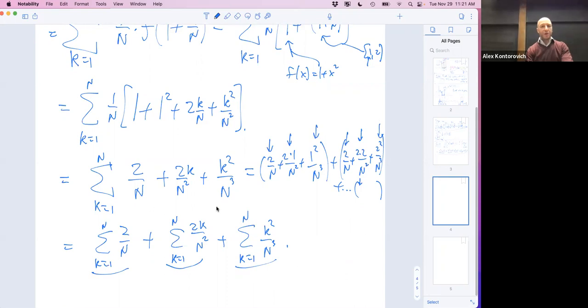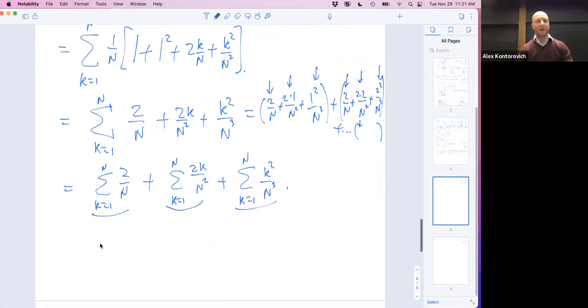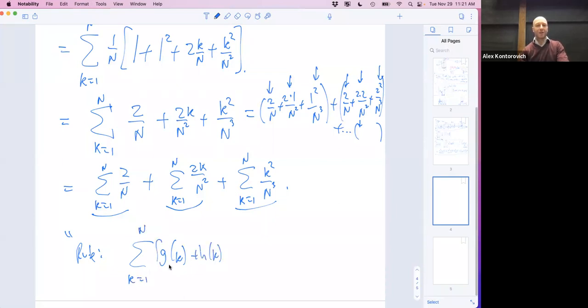So whenever you have sigma notation, this is a general rule. If I have a sum of g of k plus h of k as k goes from 1 to n, so if I'm adding two functions of k, some function g and some function h, from 1 to n, or from any bound to any bound, that's the same as adding the first function up as k goes from 1 to n, plus adding the second function.